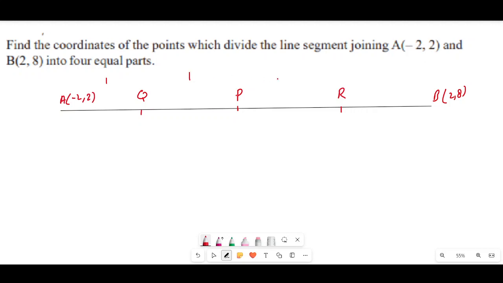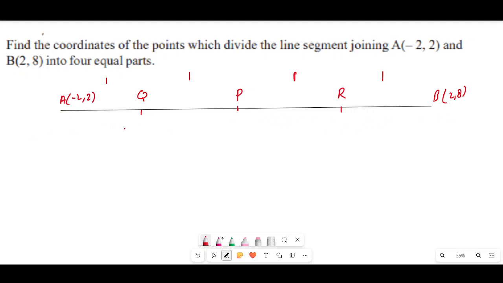Every ratio is equal to 1:1:1, because we have divided it into 4 equal parts. So first we should find out the value of P. For P, this will be 2 by 2.